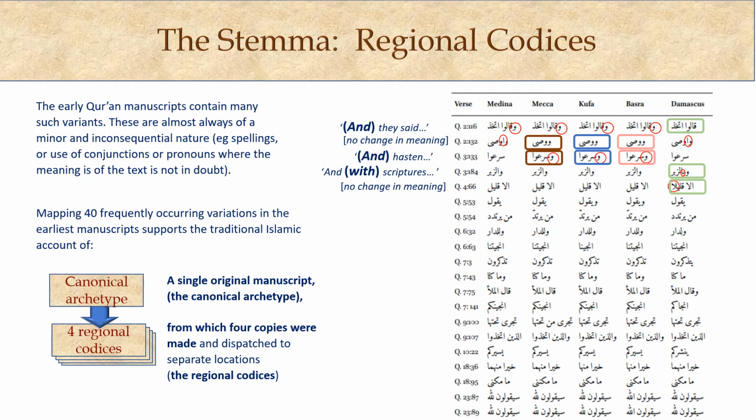However, in the 2nd and the 3rd examples that I gave, 2.132 and 3.133, the Damascus tradition and the Medinan tradition agree with one another. So, from tracking these minor variations, we can say something, or I can't, but Dr. Haitham Sidki can say something about how these manuscripts were copied right at the very beginning.